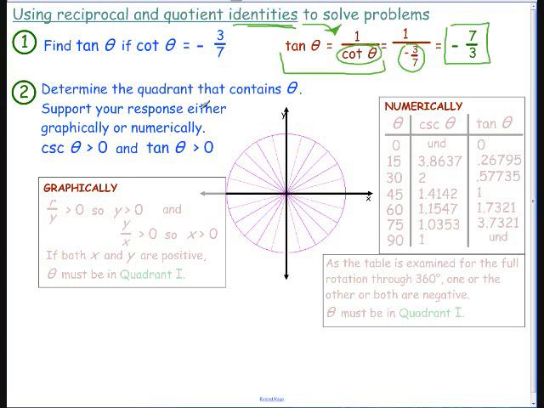Second one, determine the quadrant that contains theta. Support your response either graphically or numerically. The cosecant of theta is greater than 0. Okay, so where is cosecant theta positive? Well, we know they're all positive here.